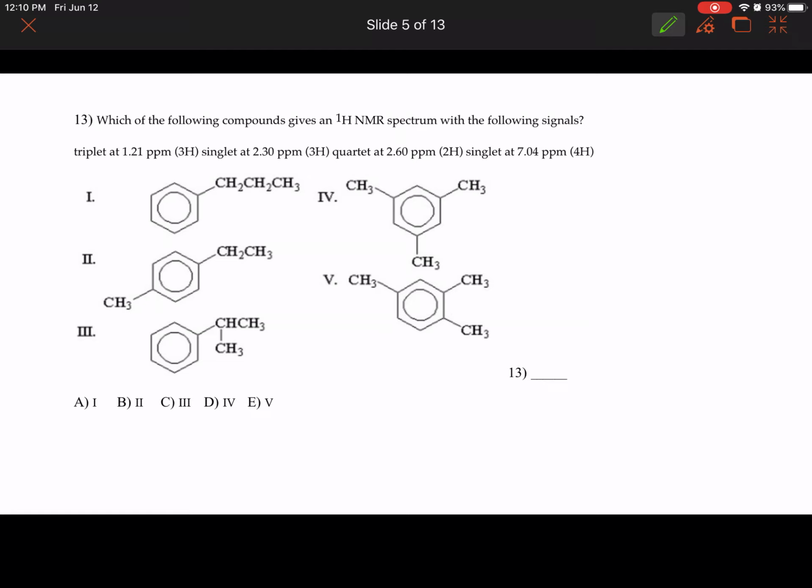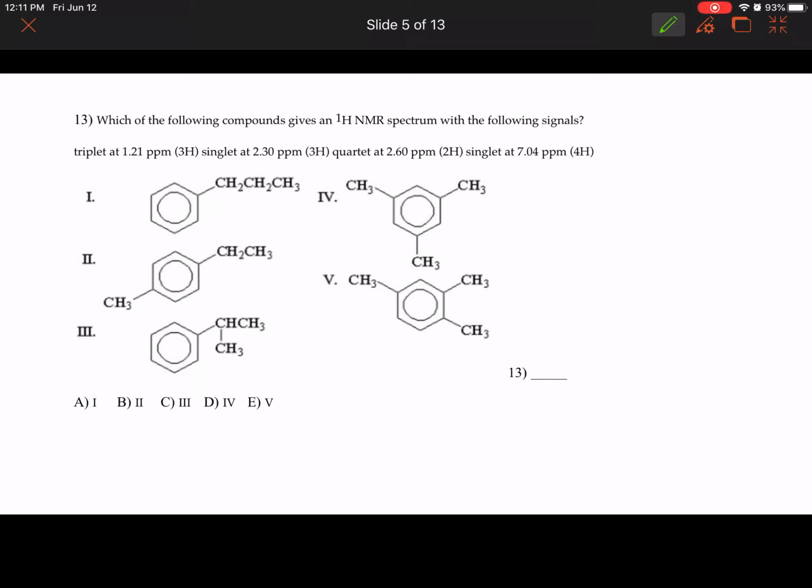Okay, so now we are given some information. Now this is like putting puzzle pieces together. We use the chemical shift values and also the splitting pattern to figure out what would be the correct structure with the given chemical shift and the splitting data. Now this one says there is a triplet at 1.21 ppm.